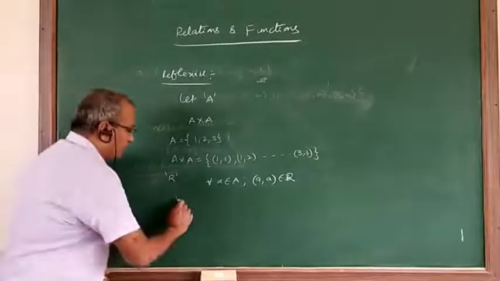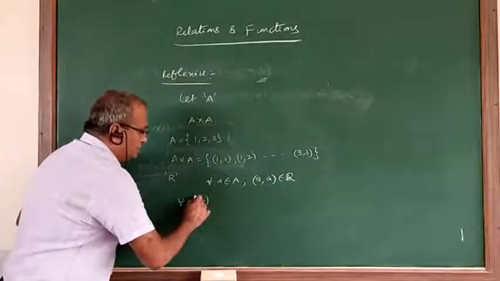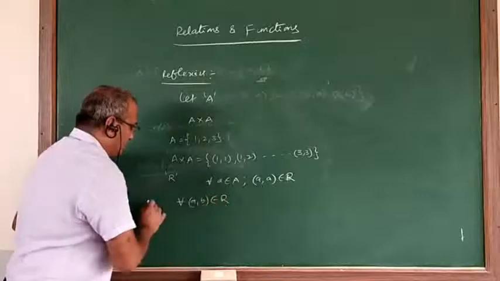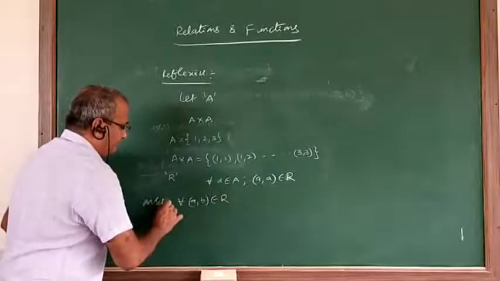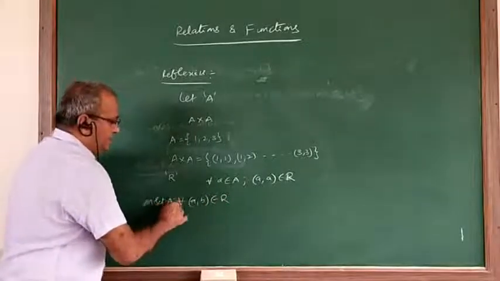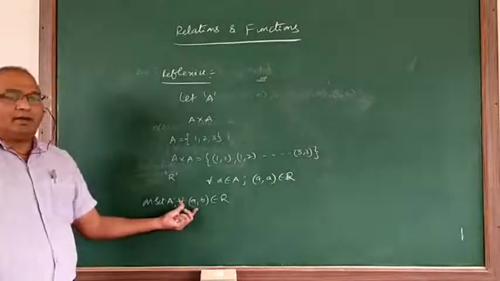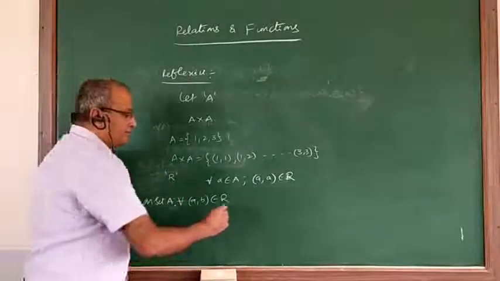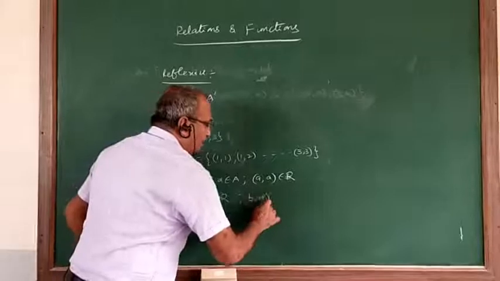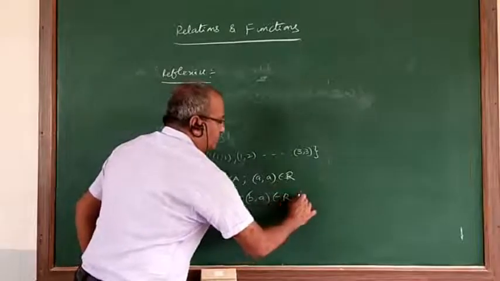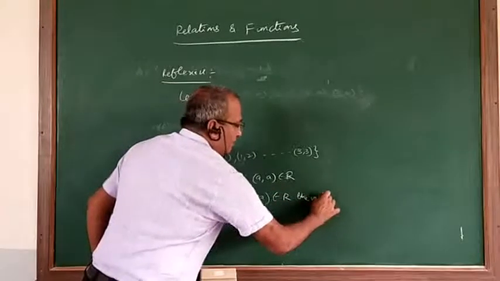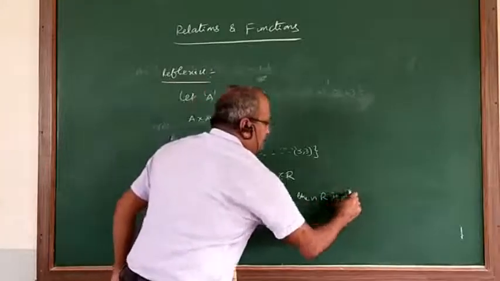Next, for all (a, b) belongs to R on set A, (b, a) also belongs to R, then R is symmetric.